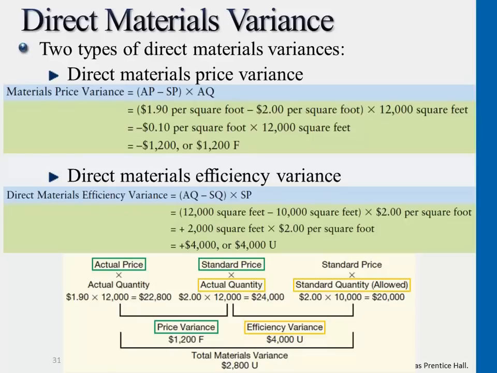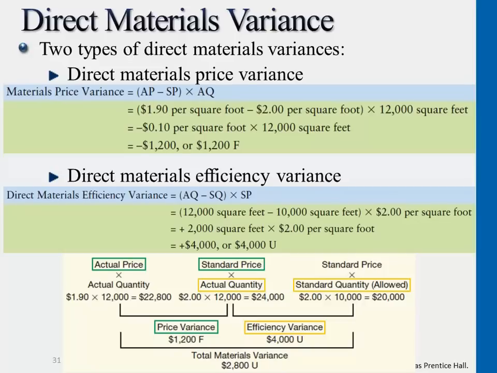So the price variance we captured in the upper equation, the materials price variance. In the lower part, when we calculate the efficiency variance, we only use the standard, budgeted price of $2. So the efficiency variance is here. Since we used more materials than we expected, this is considered unfavorable to the company because they spent more. There's more cost from using the materials.